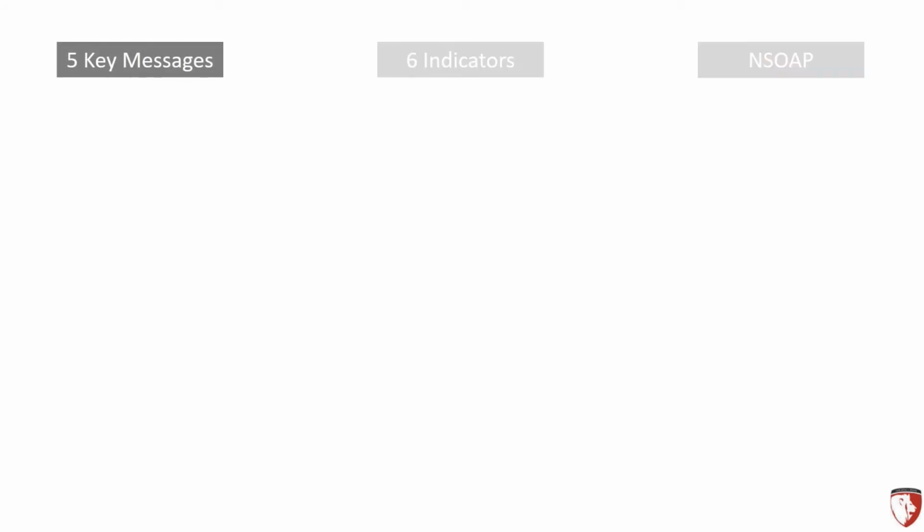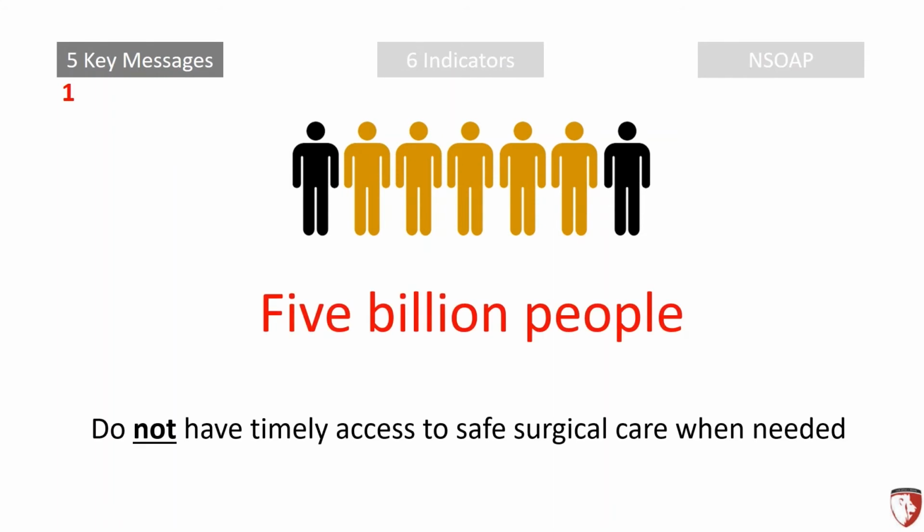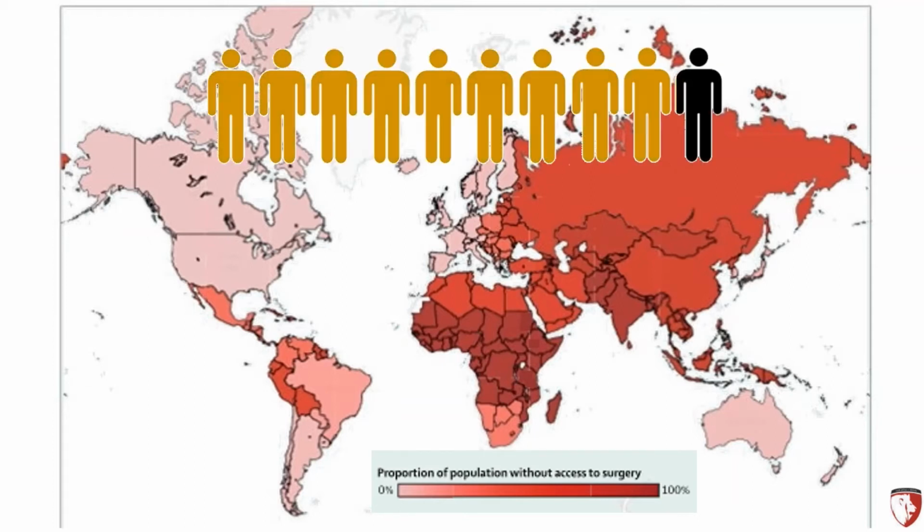Key message 1. 5 out of every 7 people, translating to 5 billion people in the world, do not have timely access to safe surgical care when needed. Access is worst in low-income and lower-middle-income countries, where 9 of 10 people cannot access basic surgical care.